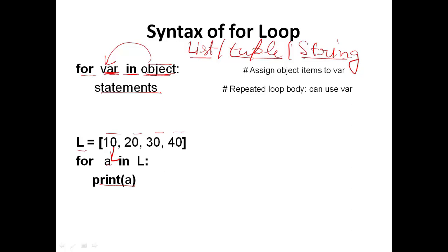So first it will print value 10, then 20 will be assigned to this variable a, so 20 will be printed. Next 30 will be assigned, so 30 will be printed, and next 40 will be assigned to this variable a, so it will be printed.